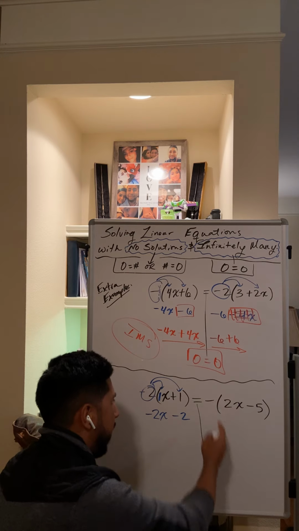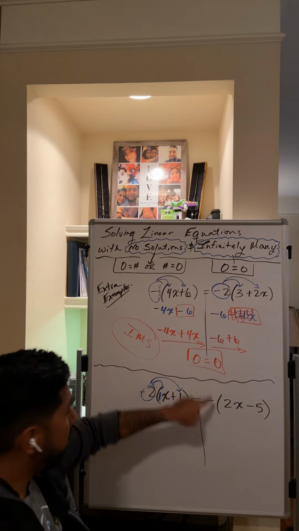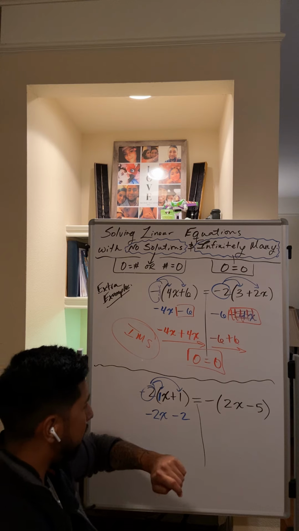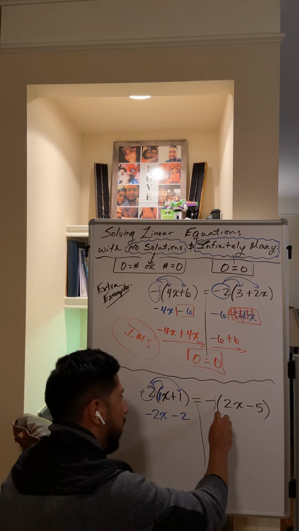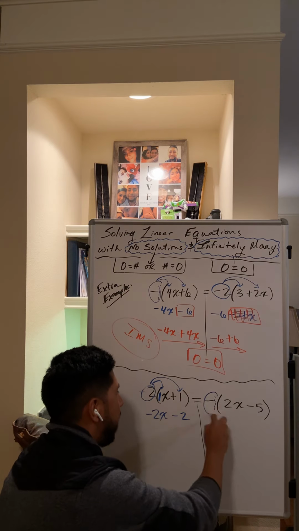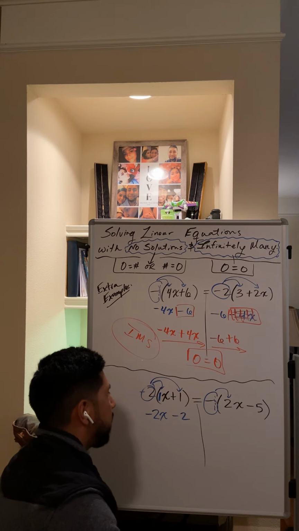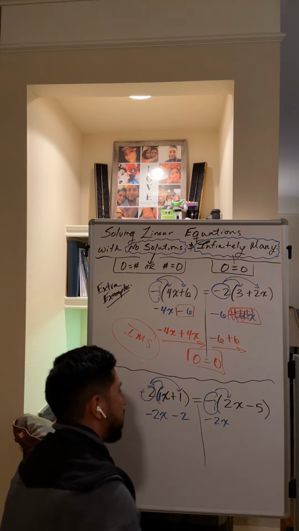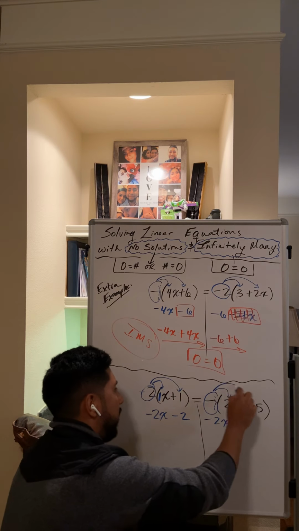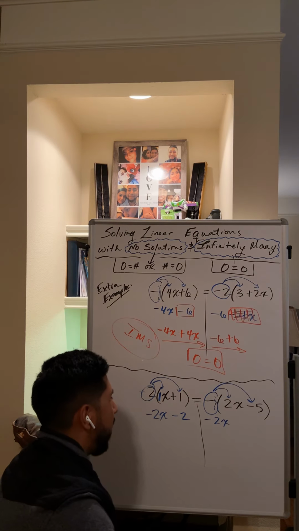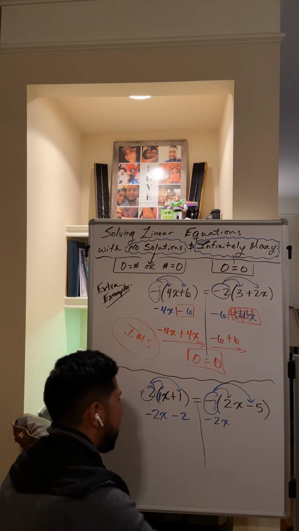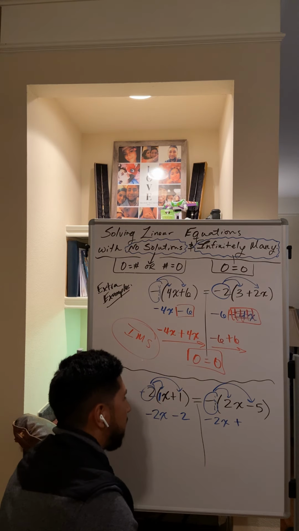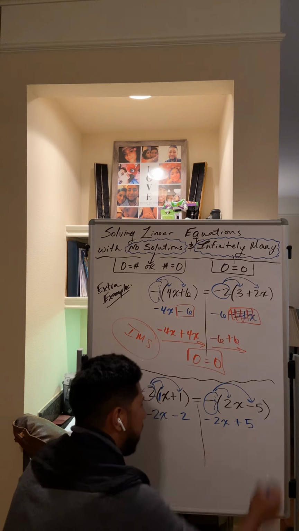Sir, but there's no number there. Hey, we just talked about it. What do we put in front of parentheses with just a negative? Another imaginary 1. That's a negative times a 2. -1 times 2 does give me -2x. -1 times a -5. Calculator if you need some help. Negative times negative gives me a positive. 1 times 5 gives me 5.